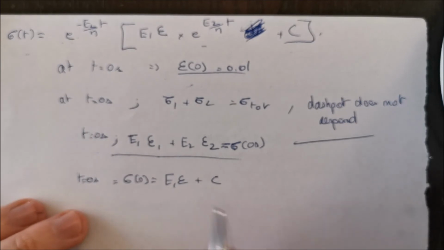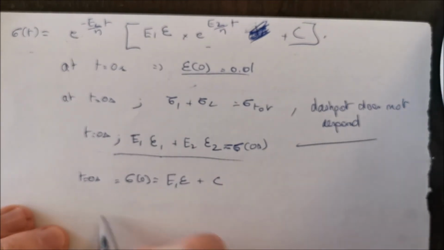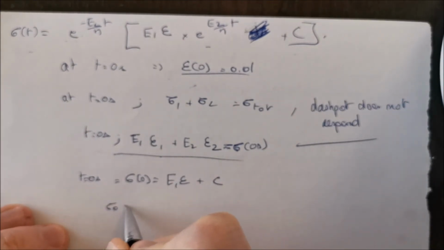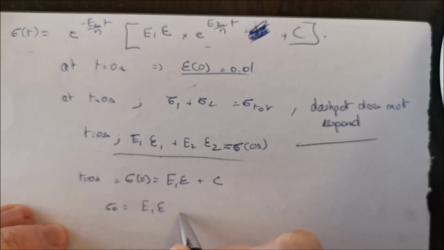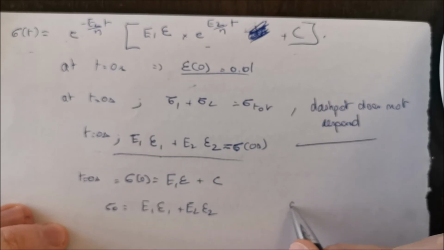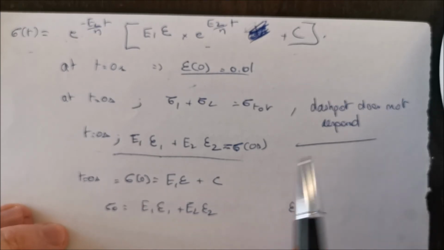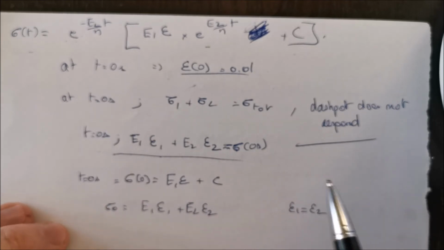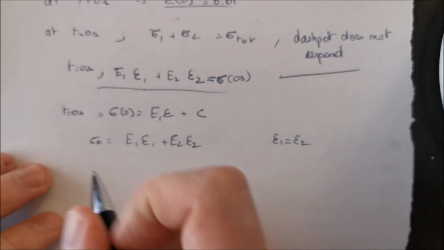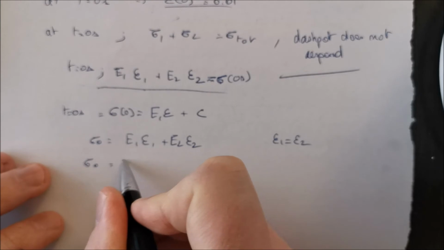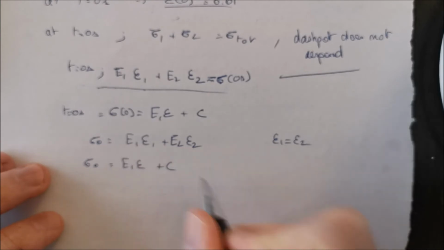So now, if you put those two expressions together, we know that sigma 0 is equal to E1 epsilon 1 plus E2 epsilon 2. We know that epsilon 1 is equal to epsilon 2, right? This is the assumption we can make from the model. So we also know that sigma 0 is equal to E1 epsilon plus c.